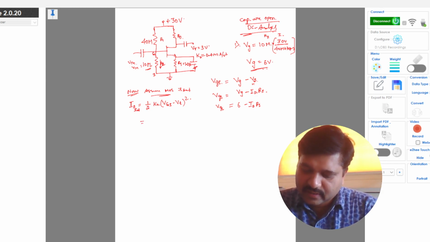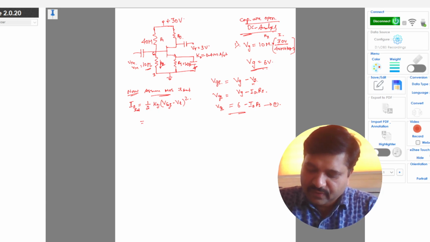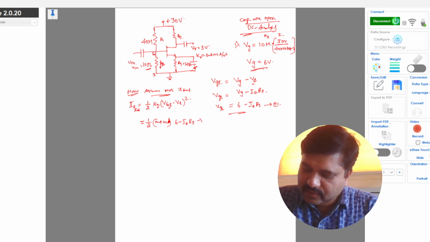Now substituting the Kn value and VGS from equation 1: Id is equal to 1 by 2, Kn is 0.4 milli, into VGS, which is 6 minus Id into Rs, minus Vt, which is 3 volts, given here, whole square.